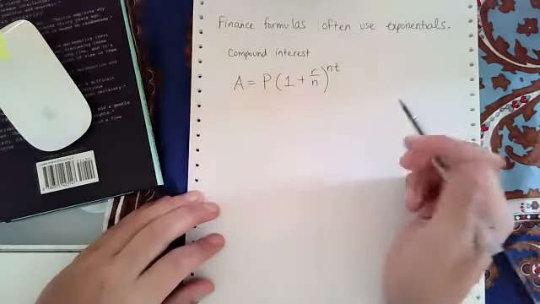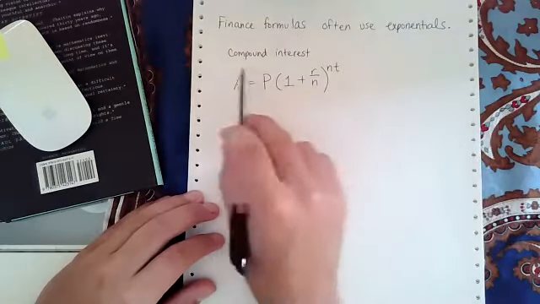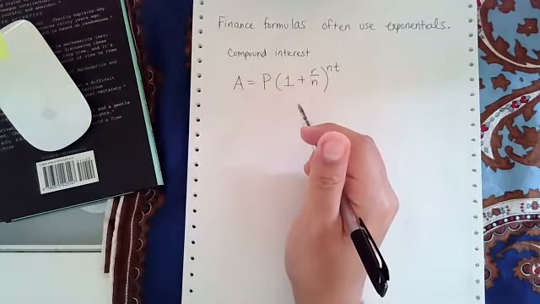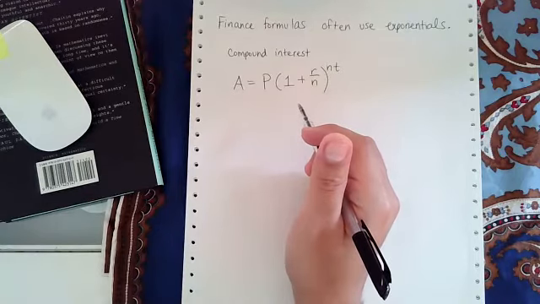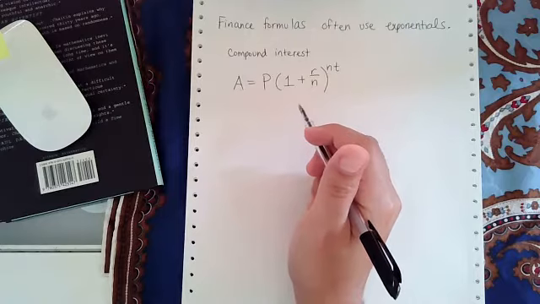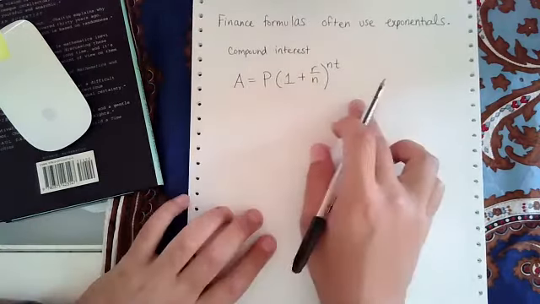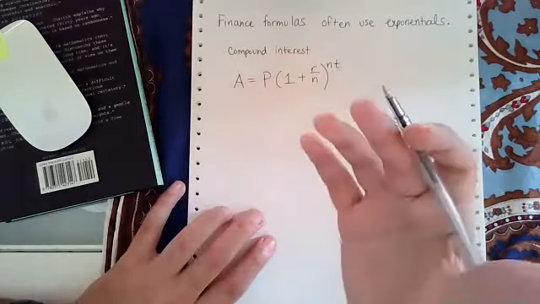In this formula for compound interest, you might go to the bank and, you know, this investment account might say that your investment is compounded quarterly or biannually or weekly. Okay, so for this kind of formula, you're going to take some sort of principal investment.